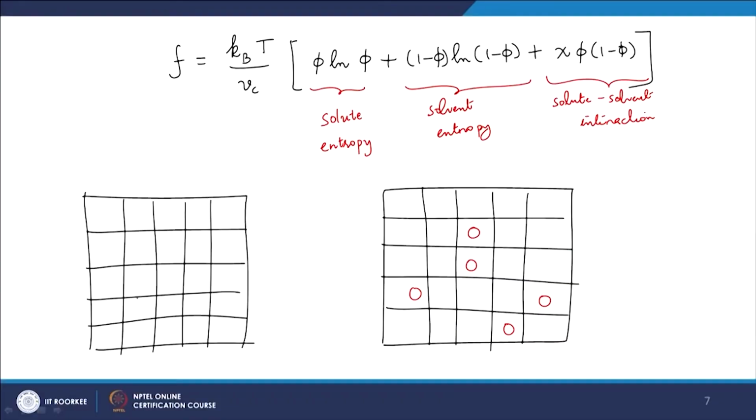So, in that case, now these molecules, let us say you had 5 molecules as here, now they have to move together, so the number of configurations is much lesser than the number of configurations that we had in the case of a liquid solution, because now the segments of a polymer chain cannot move anywhere.